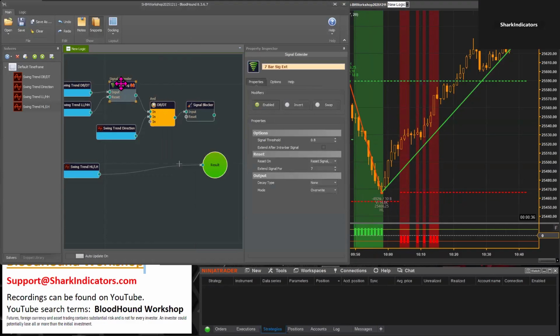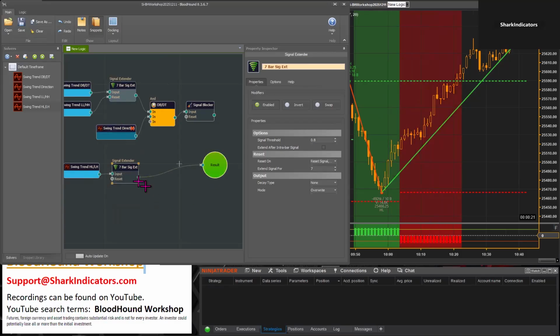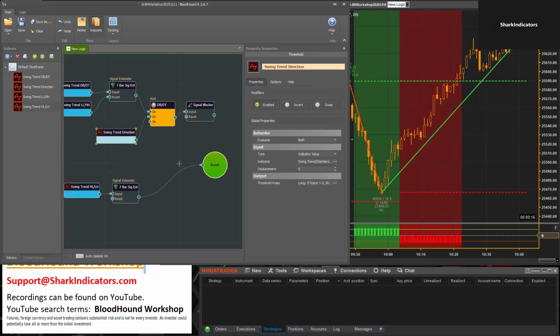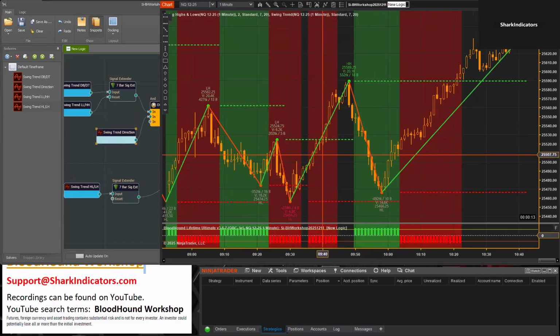Again, we're going to copy this signal extender, paste it down here, connect that in, like so. And as this higher low is developing, it's not locked in until the market changes direction.